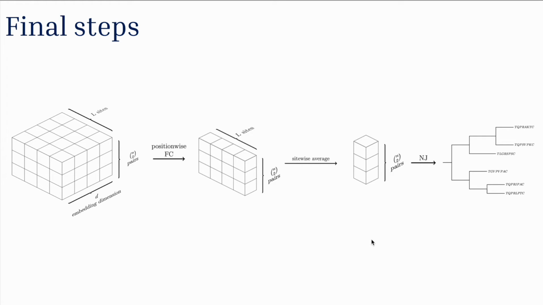In the end, a final position-wise fully connected layer with a single output feature is applied to the processed representation, making it two-dimensional. Then an average over columns, that is over the sites, gives us the final prediction for all the pairwise distances.